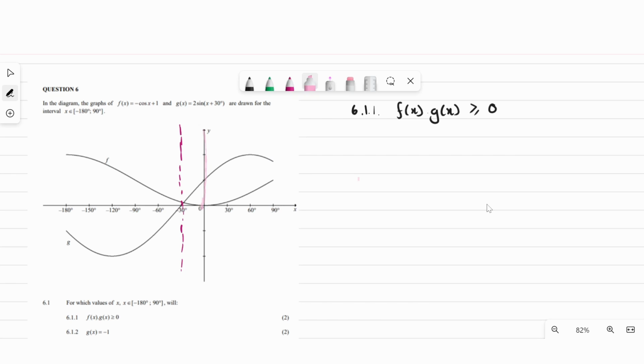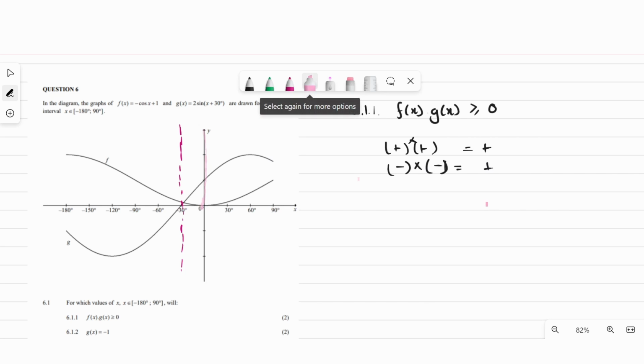So in our situation, we're looking for when both of them are positive, because when you multiply a positive and a positive, it gives you a positive, and they said greater than, right? Or we're looking for a situation when we have a negative multiplied by another negative, it's going to give me a positive, right?